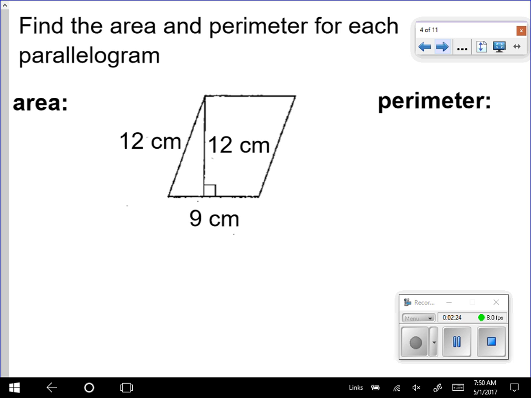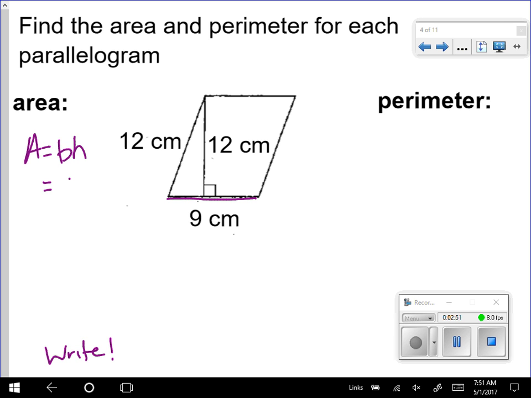All right, here's our first example. So we have area and perimeter on the two sides. The area of this parallelogram is going to be, and I would always like you to write the formula down, area equals base times height. So make sure you're writing this in your notes. Then we're going to fill in what we know. The base of this parallelogram is going to be found where we can lay the parallelogram down flat.